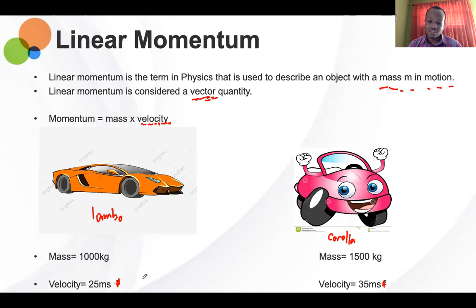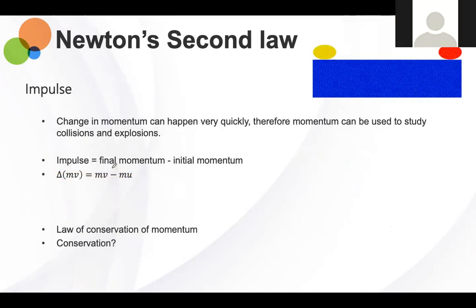And this is faster than this. So which one would have the greater momentum? The Corolla. Yes, the Corolla is much better than the Lambo as it relates to momentum. So get yourself a Corolla.